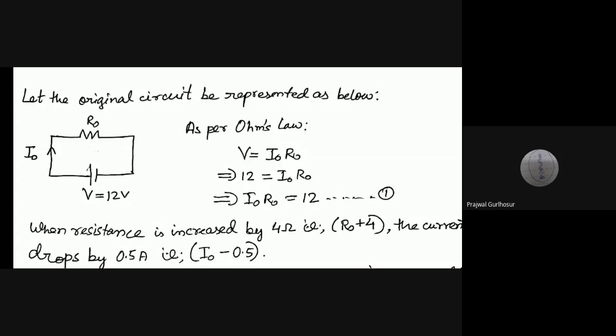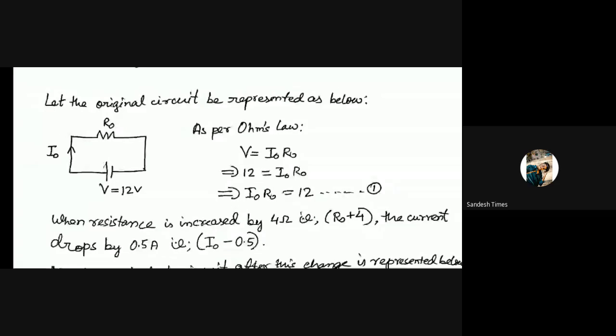Is this understandable by all? Yes, ma'am. Then you form the new equation, V equals IR, where the new I is I naught minus 0.5 and R is R naught plus 4. And you do the second equation. Let us see what the second equation becomes.